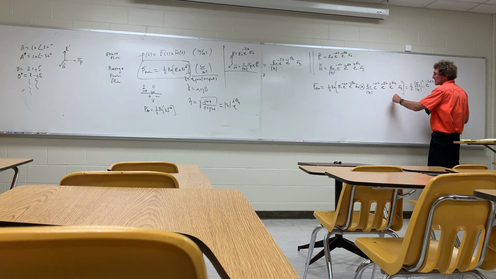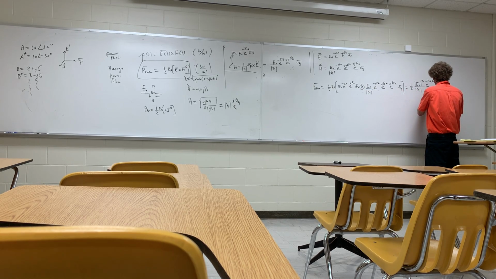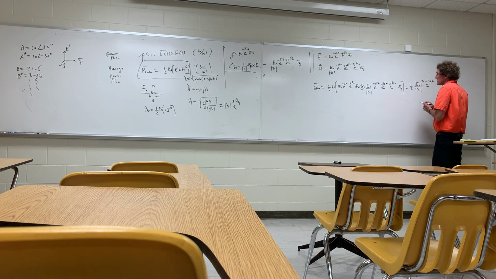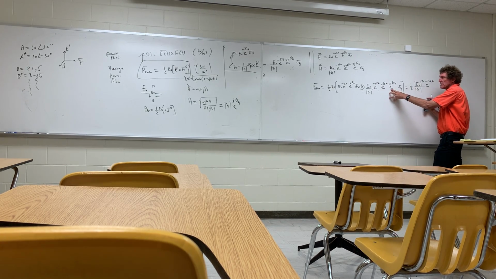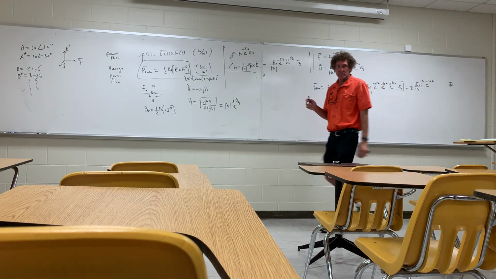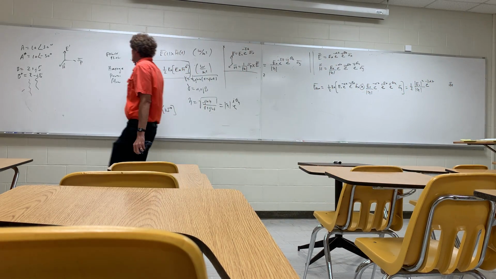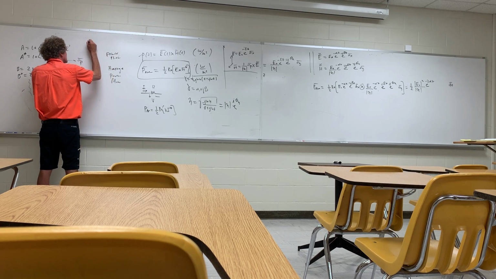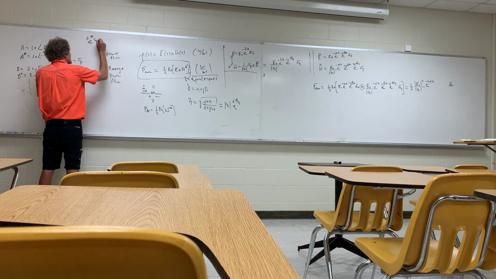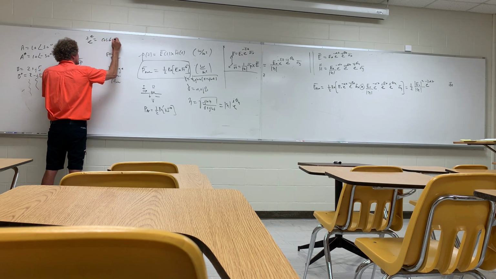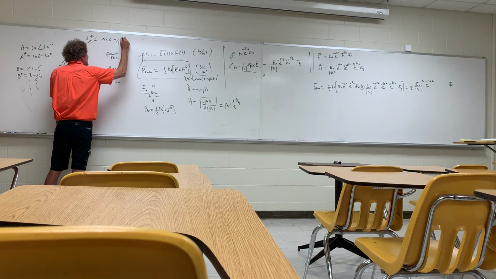But then we have ax cross ay, which is az. And then we want the real part of e to the j theta. Do you remember the identity we used for that? E to the j theta is cosine of theta plus j sine theta.